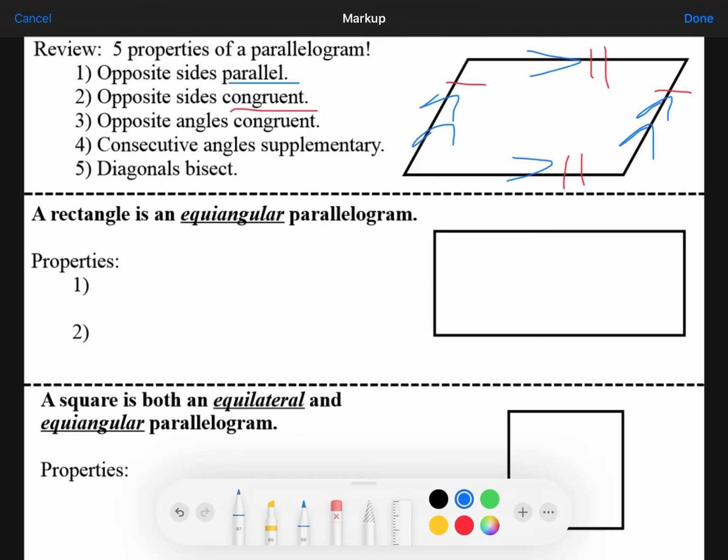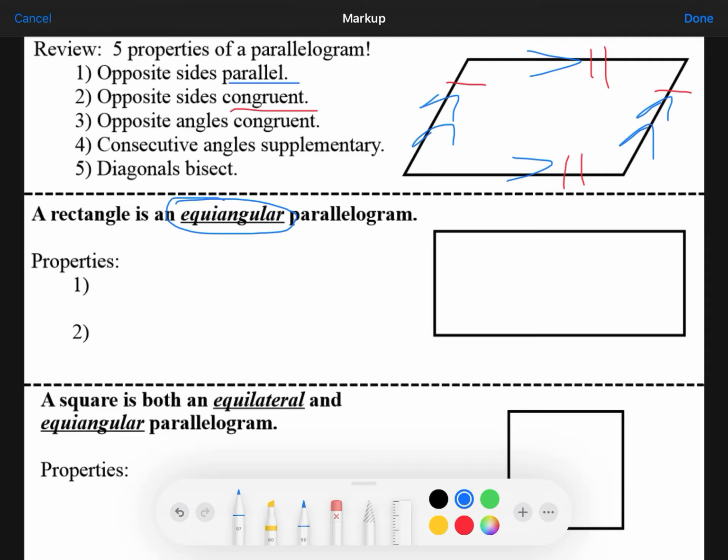Top is parallel to the bottom, left is parallel to the right, top is congruent to the bottom, left is congruent to the right. Same thing with all the other properties, but with this additional thing, it is equiangular. And equiangular is a word we haven't learned yet, but it means something very obvious. All the angles are equal.